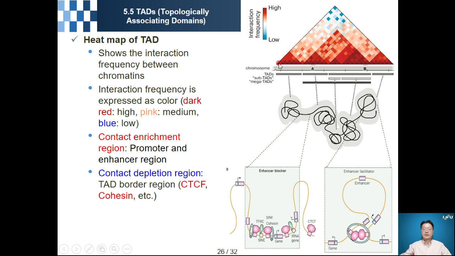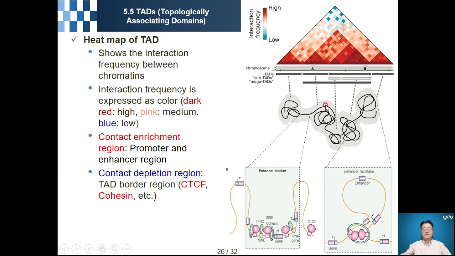If it shows the blue color, it means that interaction between this position in the chromosome and this position in the chromosome hardly happens. How about the pink color? The pink color means that interaction is medium.